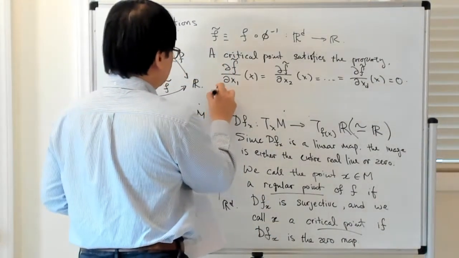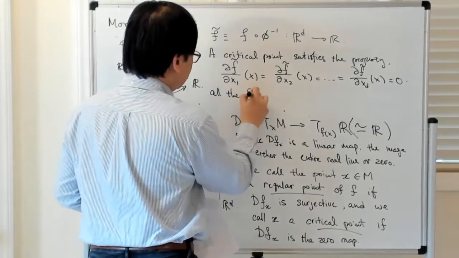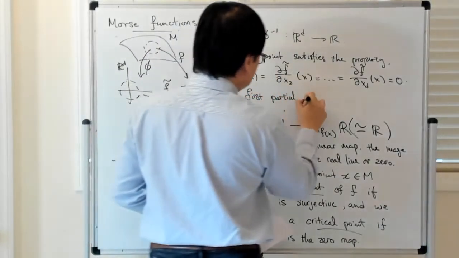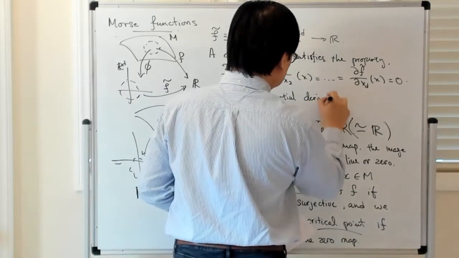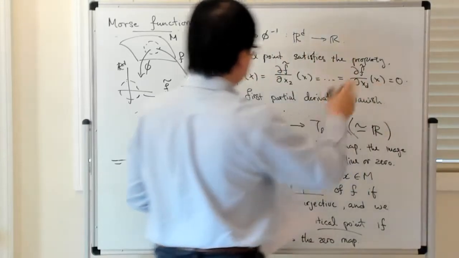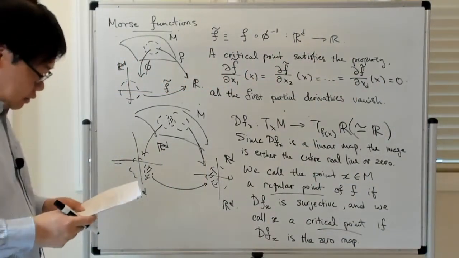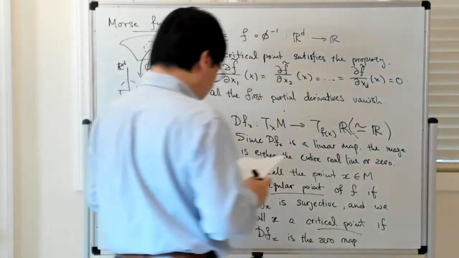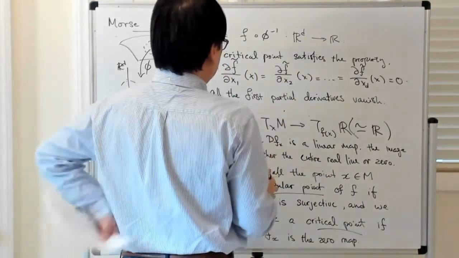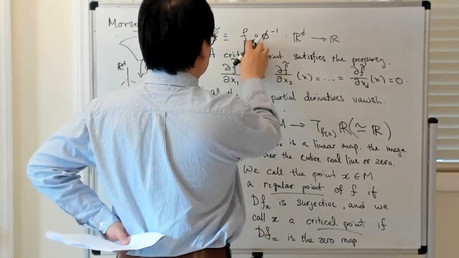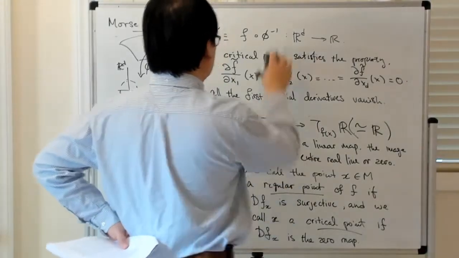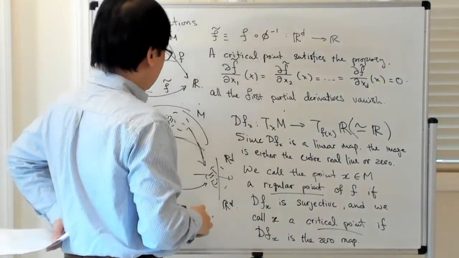So all the first partial derivatives vanish. Okay, so this is how you characterize a critical point in local coordinates. The point is that I said f composed with the inverse of the coordinate chart satisfies this property.